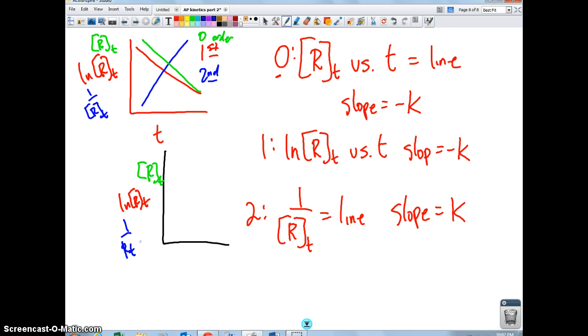What's going to end up happening is you don't get straight lines for all of them. So if my purple one goes like this, and my red one goes like this, and the green one goes like that, then we'll know that this is going to be zero order. Depending on which graph gives you the straight line, that will tell you which order that reaction is.